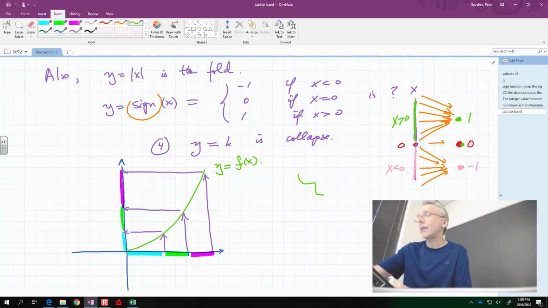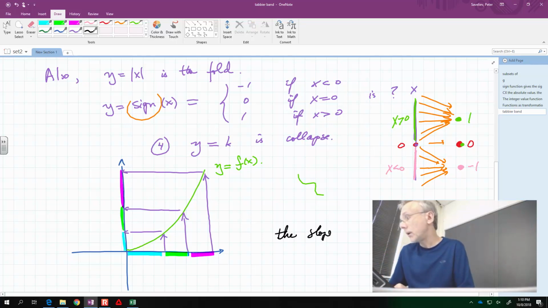In fact, the slope of a linear function y equals mx plus b, so m, is the stretch ratio.